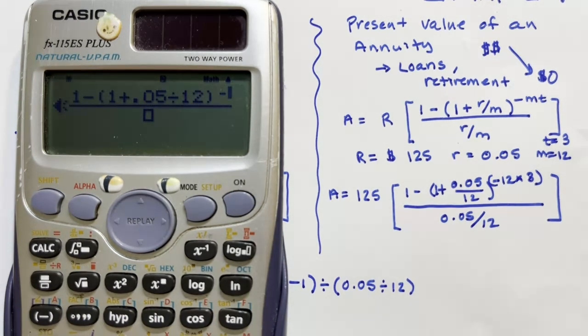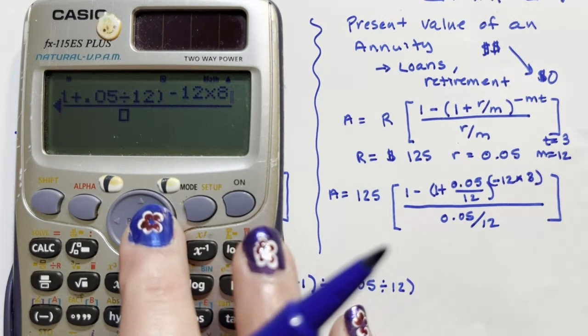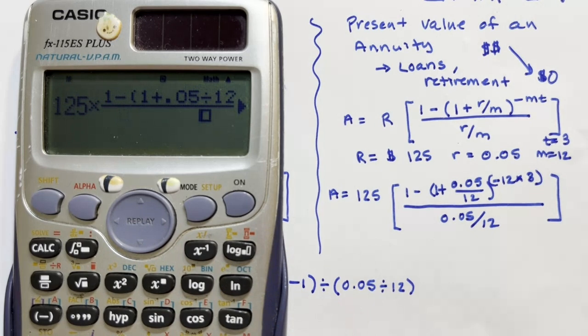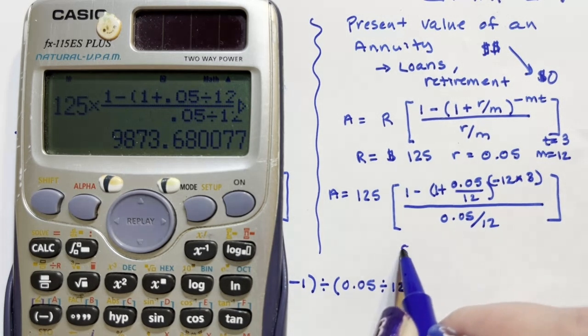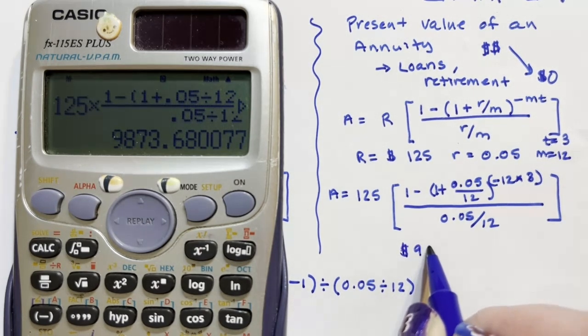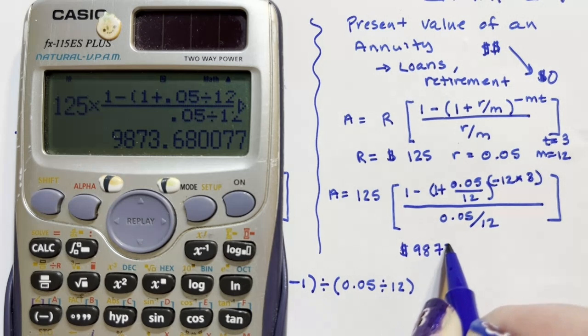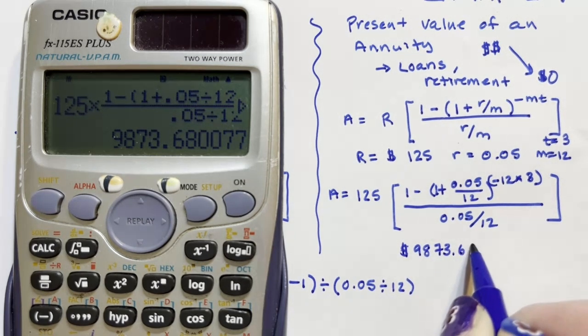Negative 12 times 8. Go out of the exponent down to the bottom, 0.05 divided by 12. And I am going to get 9873.68.